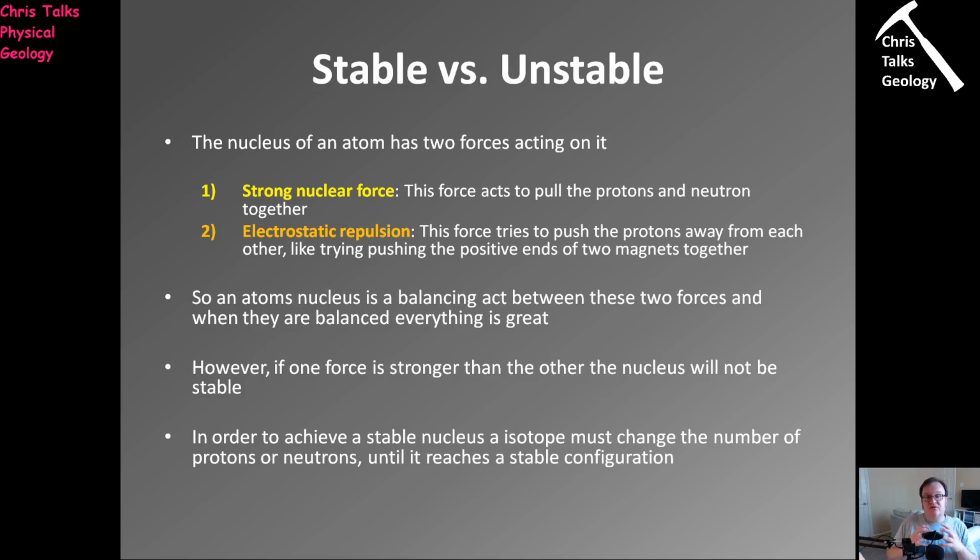So the nucleus is essentially a balancing act. And if one of these forces becomes dominant over the other, the nucleus is naturally going to start falling to pieces, isn't it? So these are some of the controlling facts of why a nucleus is stable.